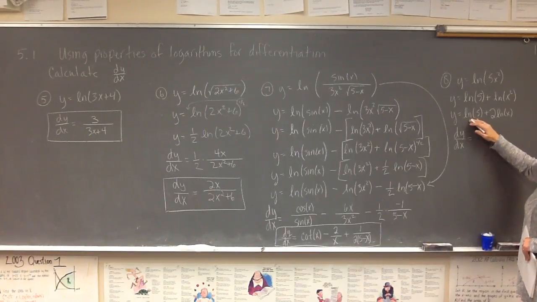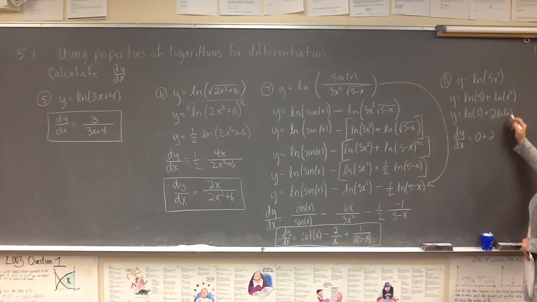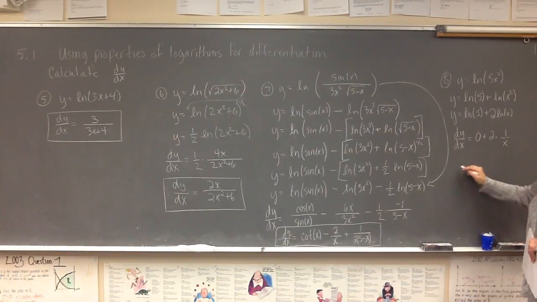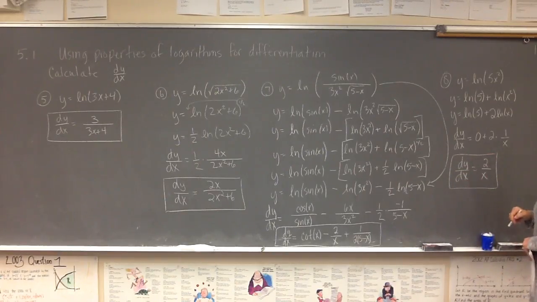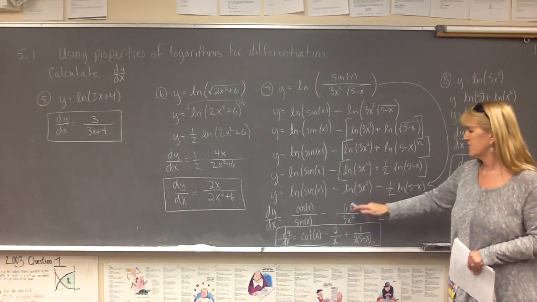So this derivative is 0. Plus 2, and the derivative of natural log of x is just 1 over x. So dy dx is equal to 2 over x. And you might just prefer to go 5x squared in the denominator and a 10x on top, and you'd simplify that anyway, just like I did here, instead of breaking it up.